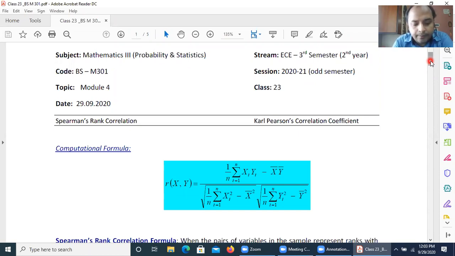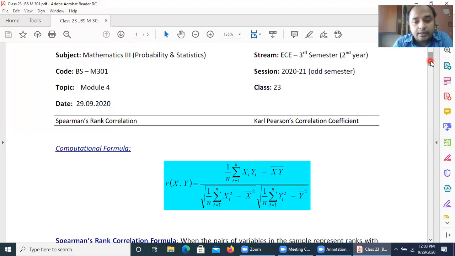Say for example, we can consider a set of students, and they sit for two different examinations, say mathematics and statistics, and their marks are given to us, and we are trying to correlate the marks of mathematics with marks of statistics. Okay, so marks of mathematics is a variable capital X and marks of statistics is the variable capital Y.